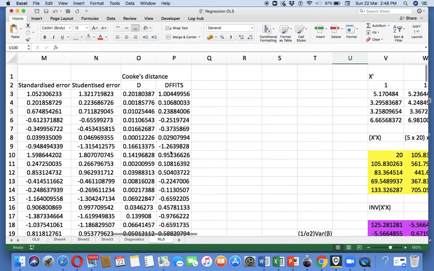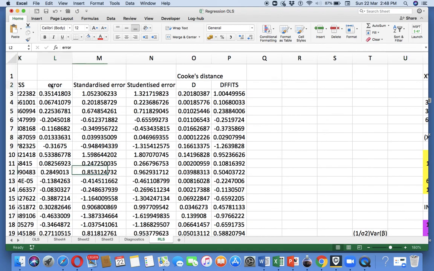So in addition, we calculated the error, the standardized error, the studentized error, and the Cook's D. The Cook's D is also calculated using the formula 1 by P into the studentized residual R raised to the power of 2 into HII, that is the element of the hat matrix, HII divided by 1 minus HII.